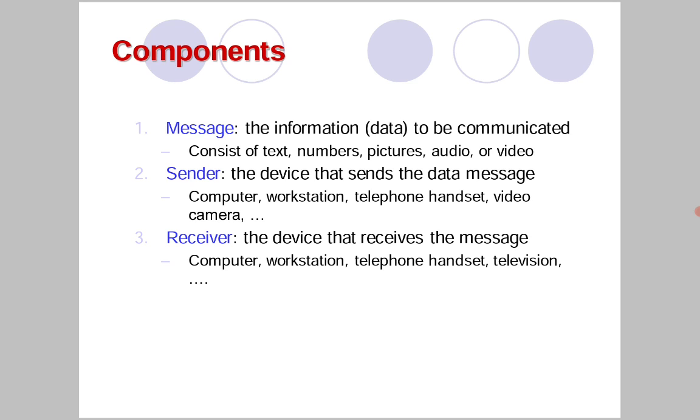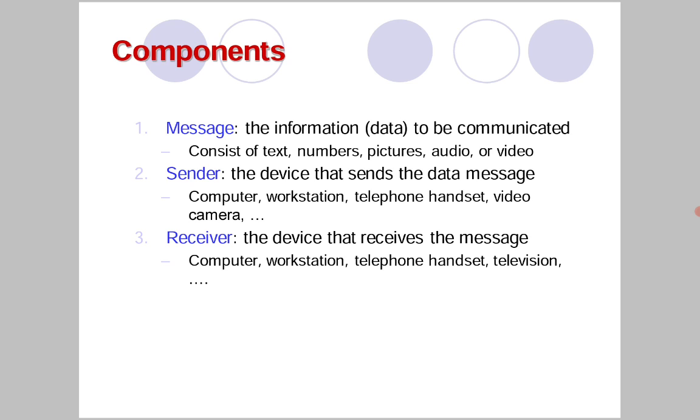Second, for data communication we require sender and receiver, that is, a sender station and a receiving station. We require some sender station, sender PC or sender device, and we also require receivers. So what is a sender? Sender means the person or device who sends the data or information over the network.